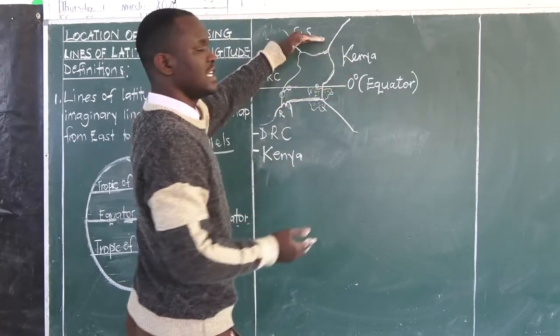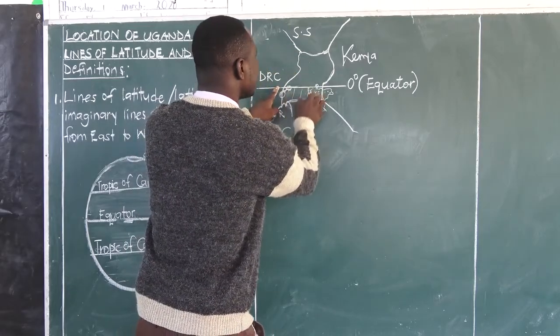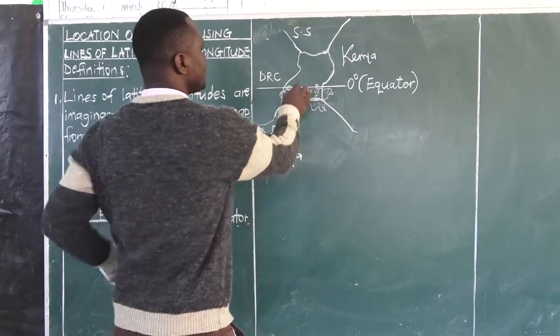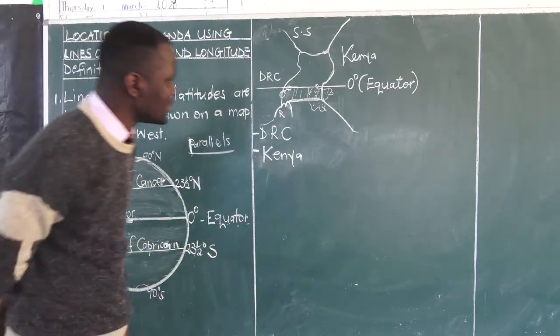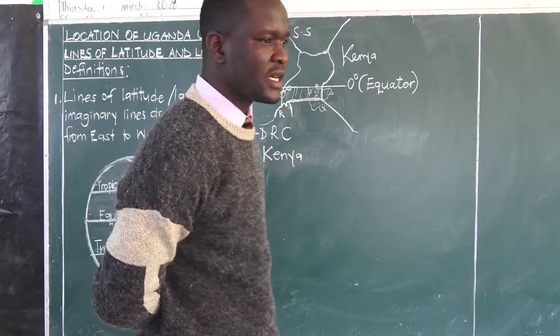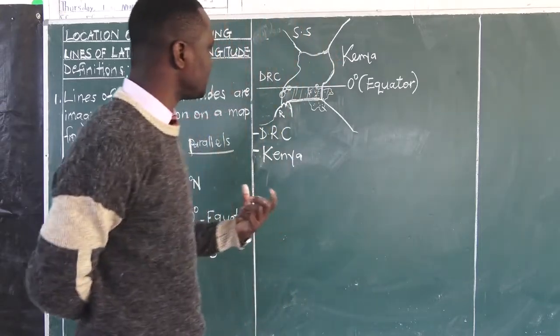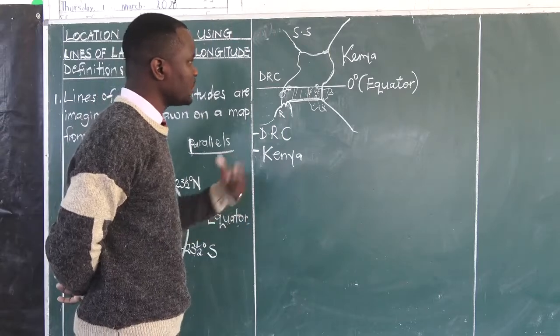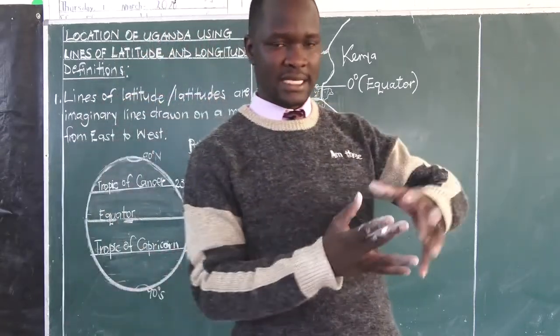It's in the north of the equator. Then the other side, this remaining part, is in the south of the equator. Now, if someone asks you a question, in which hemisphere is most of Uganda's land found?